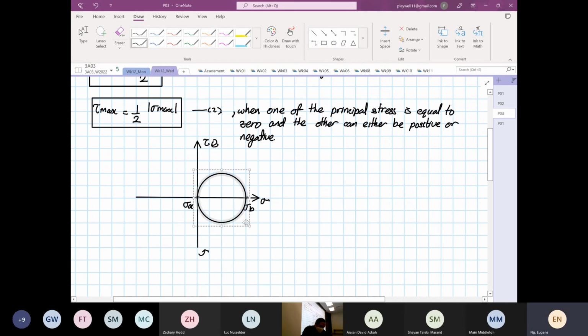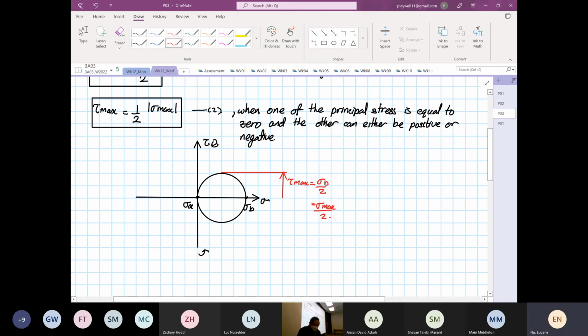This is our Mohr's circle. So we realize that tau max, the distance from here to here, is equal to stress B divided by 2, where stress B is also our maximum stress divided by 2. Okay.